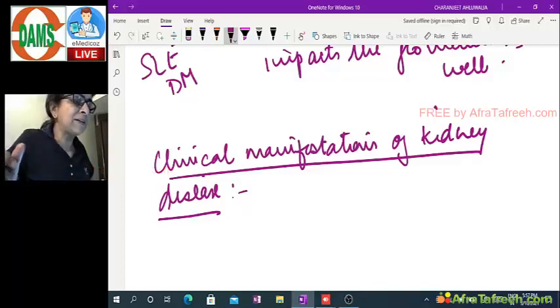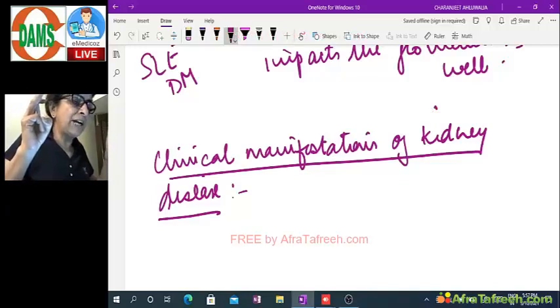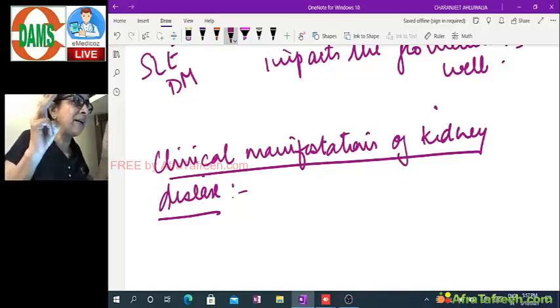What about others? So whenever you get a kidney biopsy, ask for 3 cores. One core should come in 10% formalin, and you do light microscopy. In light microscopy, you will do H&E staining, and to look at the basement membrane you will do PAS and silver stains, because PAS and silver stains will highlight the basement membrane.